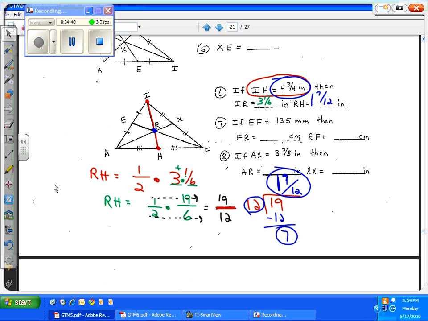Now, I'm showing you how to do all of this on paper. I'm not showing you how to do it on the calculator because you need to know how to add, subtract, multiply, and divide fractions, decimals, and mixed numerals on paper. It's important when you're factoring. It's important when you're doing college algebra, trig, and calculus. There's times you just need to know how to do these things on paper. So I encourage you to not just use fancy calculators to do it all, but to actually know the math involved.